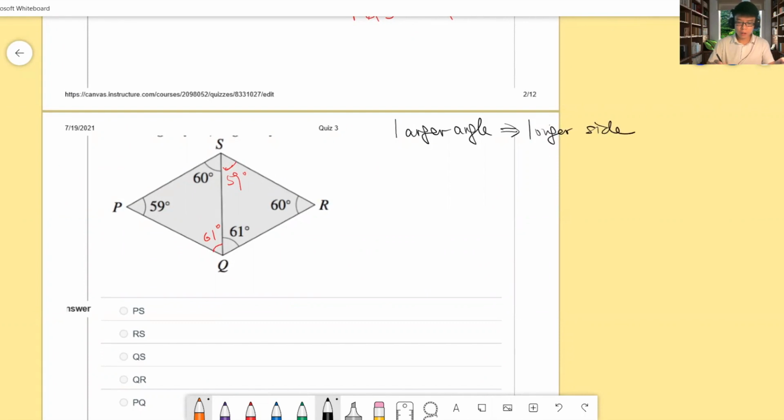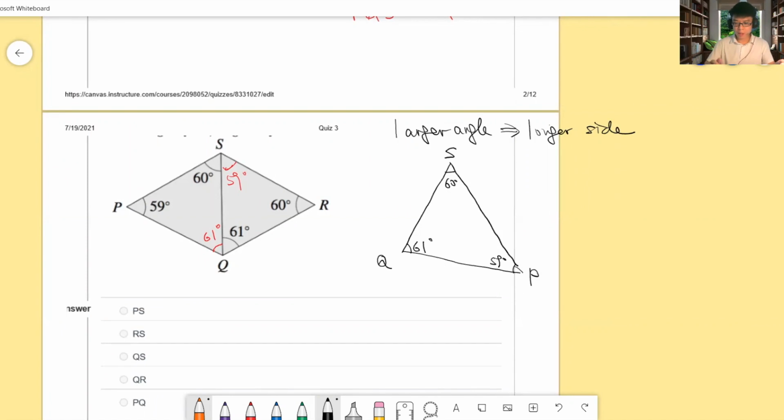For example, in this triangle, let me show the idea. It's just 60 degrees. Suppose this is 59 degrees. Now both triangles have the same corresponding angles, so they are similar. Here we have 61 degrees. For example, this is S, this is Q, this is P.